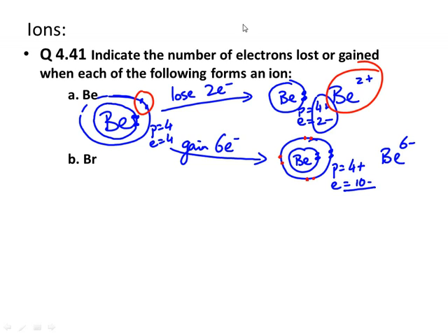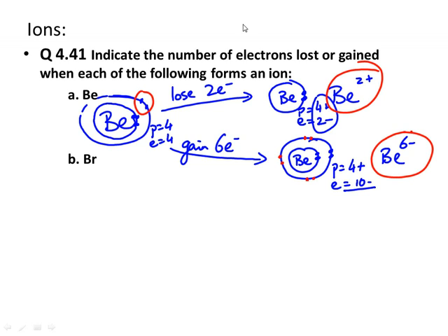So beryllium has a choice of doing one of these two things. The decision we have to make is which of these two things will happen energetically. The key thing to remember is that whichever pathway is easier is the one that will be followed. In other words, whichever pathway involves fewer electrons being lost or gained is the preferred pathway.